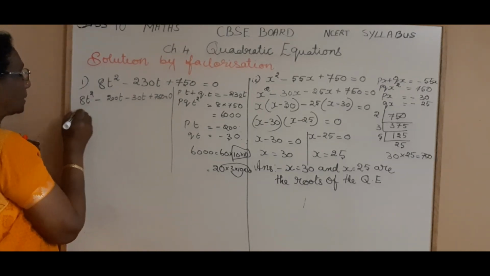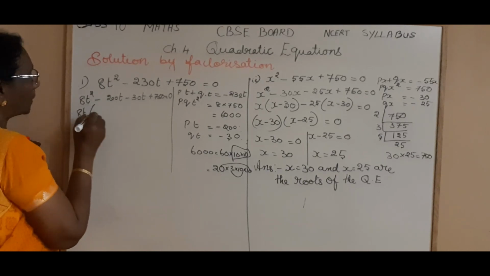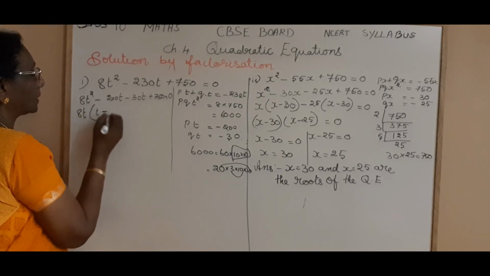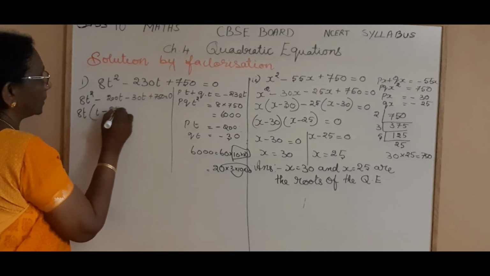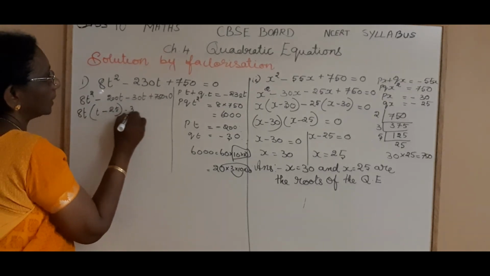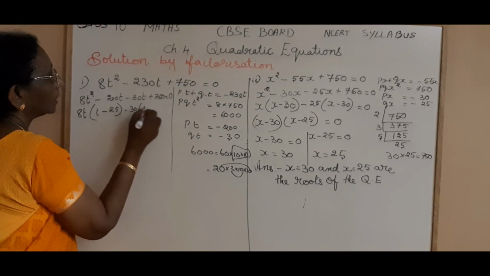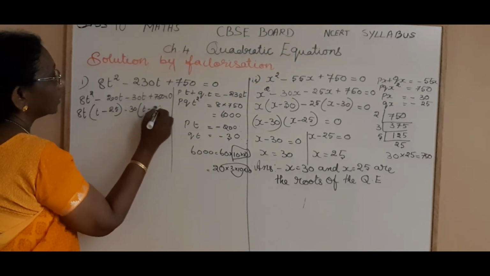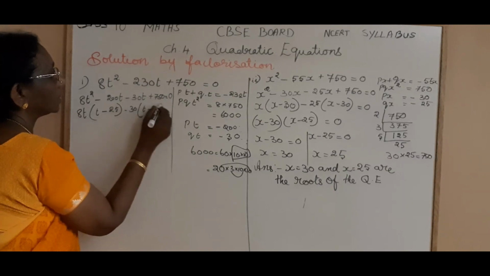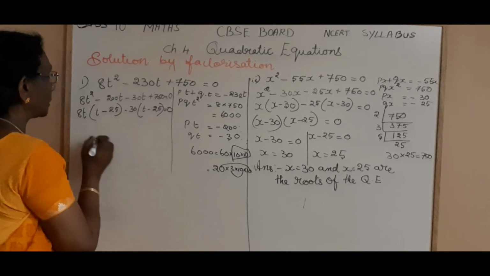So here 8t is common. So t minus, how many times? 8 2s are 16, 5. Minus 30 is common. T minus 25. 25 into 30 is equal to 0.